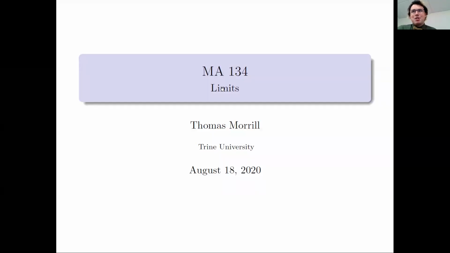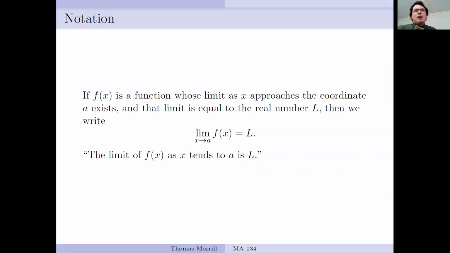So let's talk about the notation for limits. So f of x is a function where I am trying to think about limits. I'll say that x is approaching some coordinate a.